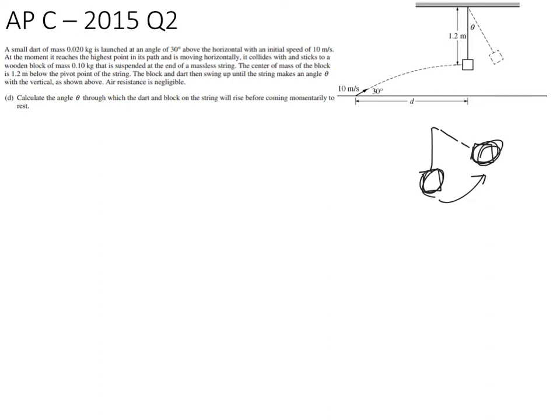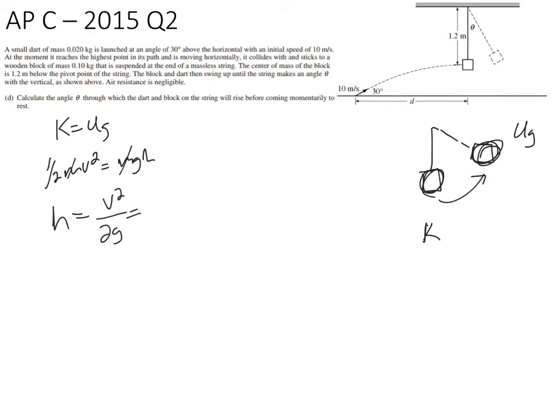So what we want to do is use conservation of energy. Kinetic here, potential here. They should be equal. So kinetic equals potential. 1/2 mv squared equals mgh. Masses drop out. The height is just going to be v squared over 2g.